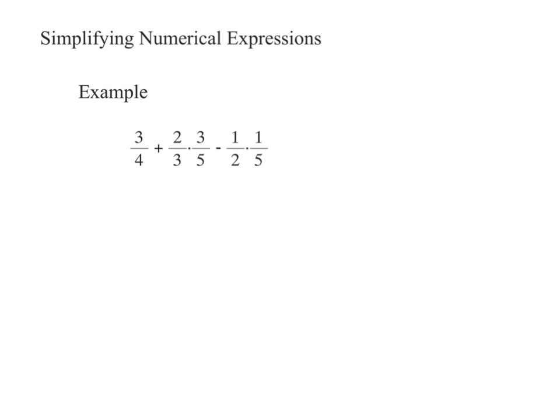Next thing we're going to look at is simplifying numerical expressions. It's basically large expressions with all fraction values in them. We have to remember order of operations for this. Very important. So the first thing you need to do in this one is not the addition, but the multiplication.